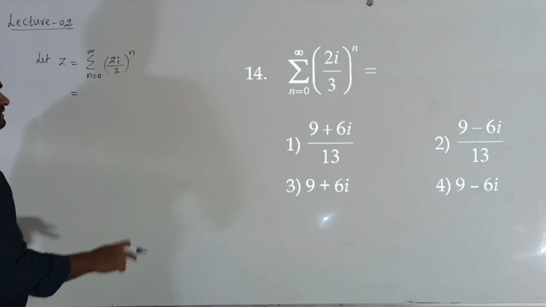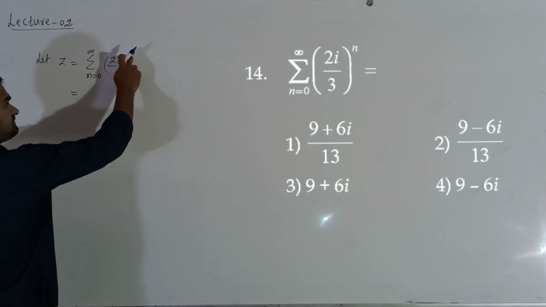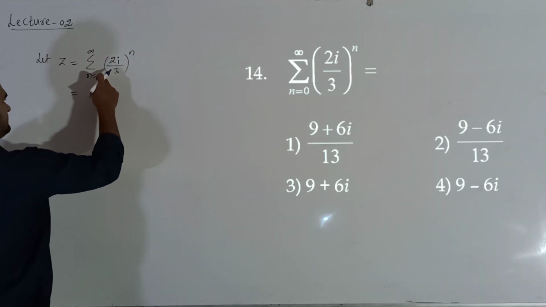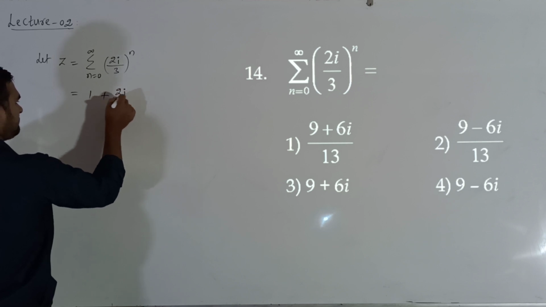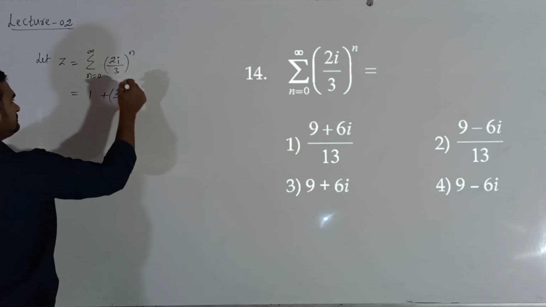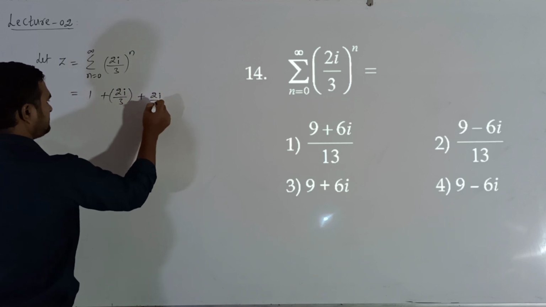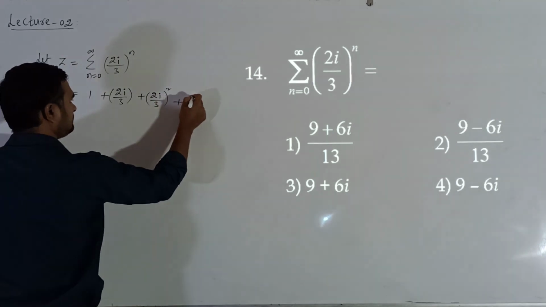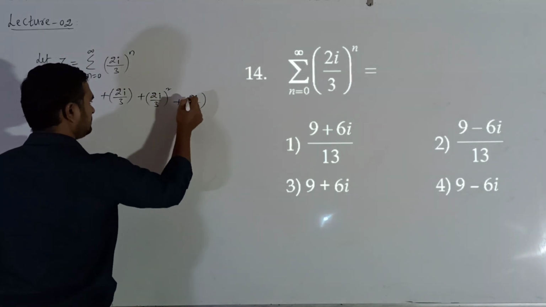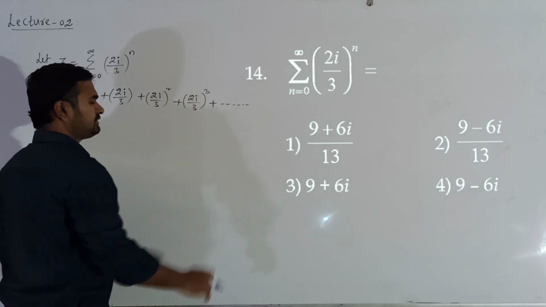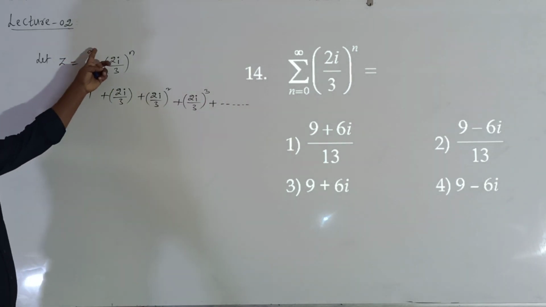Substitute 0. When n is 0, something power 0 is 1, plus n is 1, 2i by 3, plus n is 2, 2i by 3 whole square. Next n is 3, 2i by 3 whole cube, plus 2i by 3 whole power 4, and so on, up to where? Up to infinite.